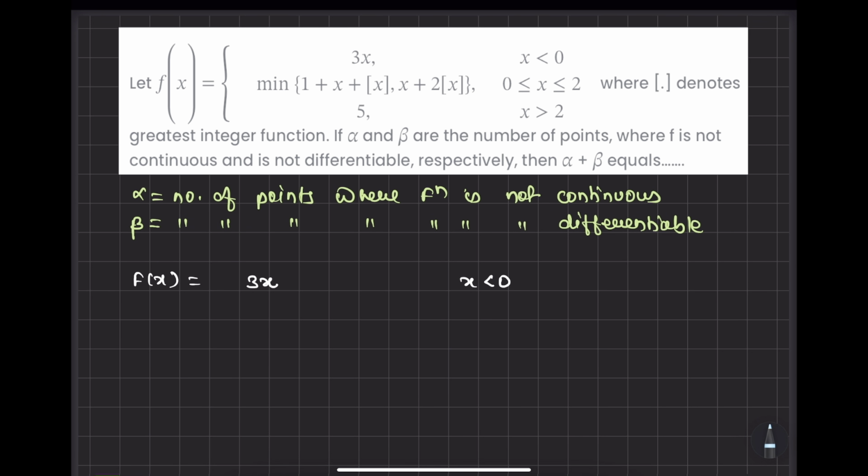Okay, and then these guys are talking about the minimum of 1 plus x plus box x, comma, x plus 2 times box x, for x from 0 to 2.